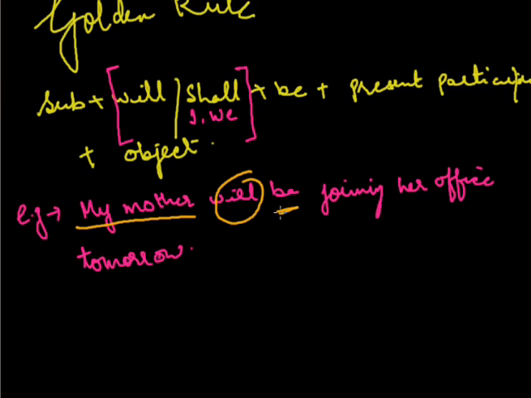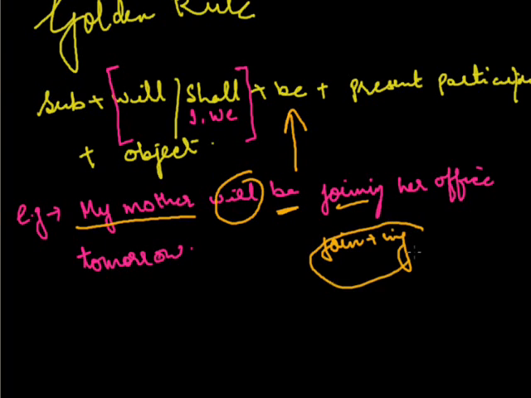And be, as I told you, be will come. And then joining is present participle. Join plus ing is present participle. Present participle means here I am writing verb 1 plus ing. Yes, I told you earlier in my previous lectures. Joining her office tomorrow. Okay.